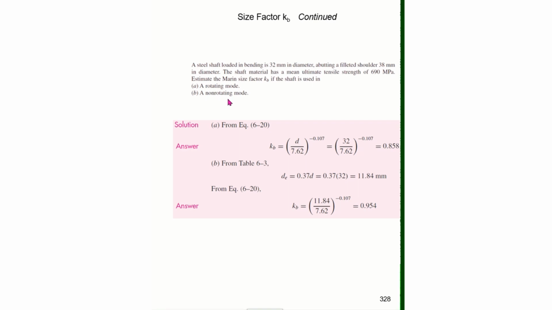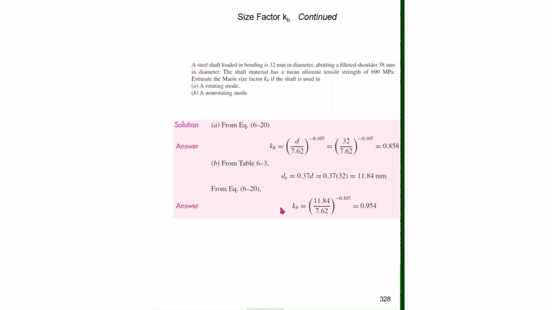Then if we have a non-rotating mode, I have to compute d effective. And I can look up d effective in the previous table, and I can compute d effective, and it turns out to be 11.84. Then I take that 11.84 and stick it back into the KB equations, and I get a 0.954 for a KB.